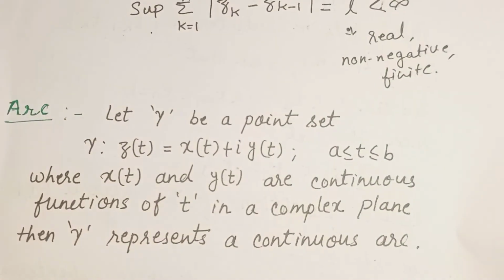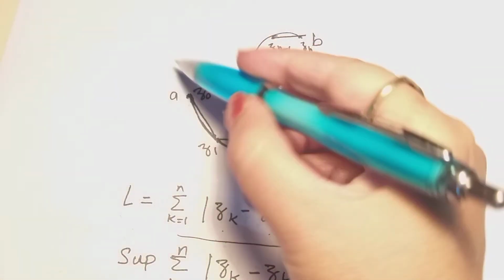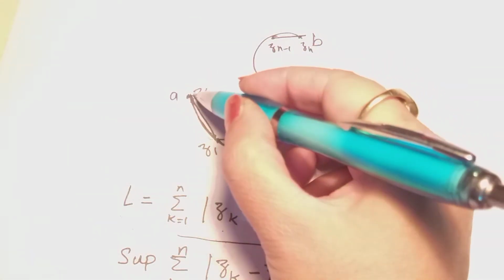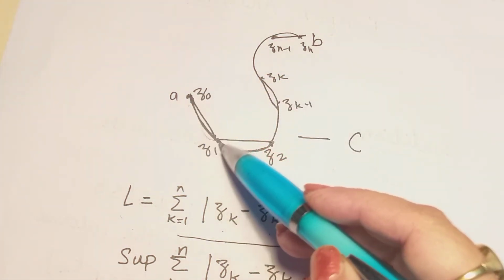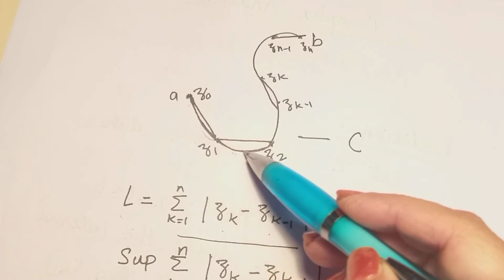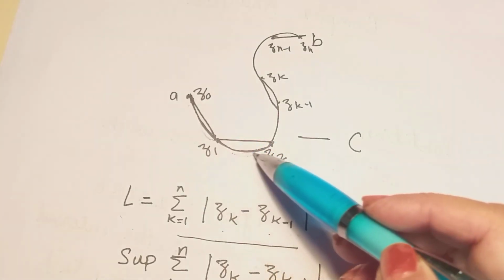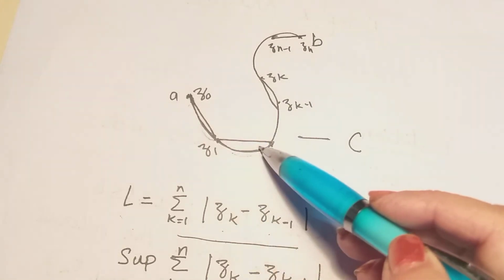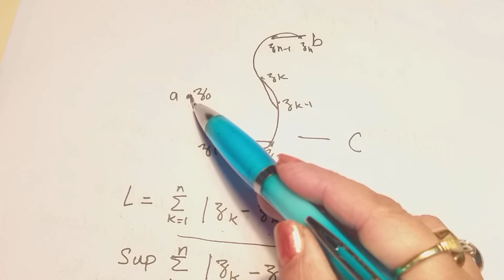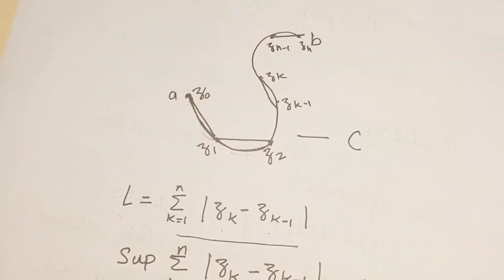Okay, like if we see this diagram, z0 to z1 is an arc. Similarly, z1 to z2 is an arc. This z0 to z2 is also an arc. Okay, so we are not taking these line segments, we are taking these arcs, parts of the curve. Okay, so this is an arc.